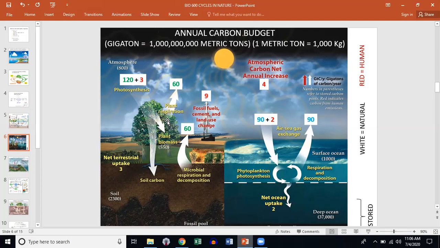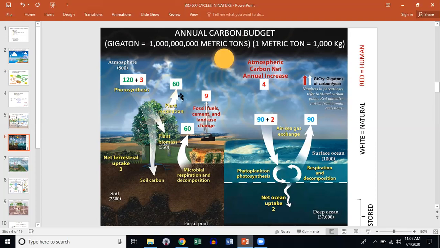So by far, the larger amount of CO2 that is released into the atmosphere naturally comes from plant respiration, from plant cellular respiration, burning up their own glucose, all right? A little bit of the much glucose that they produce. So that makes up, on an annual basis, throughout the whole world, approximately 60 gigatons.